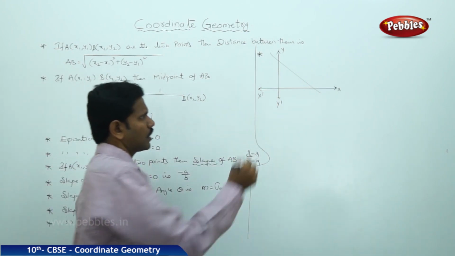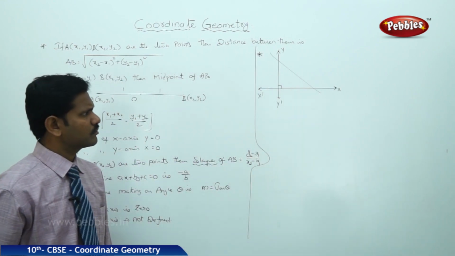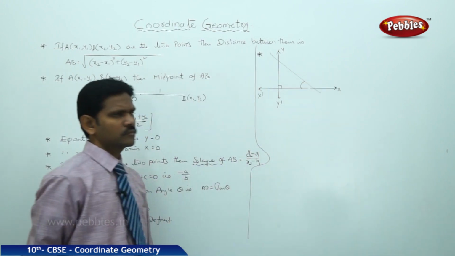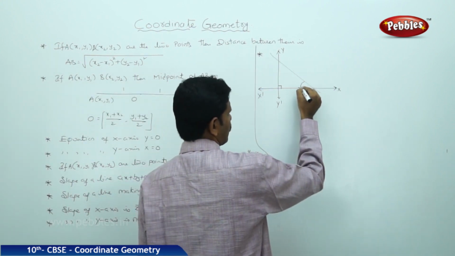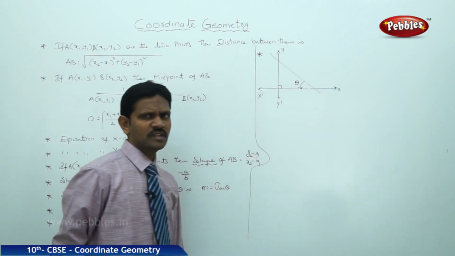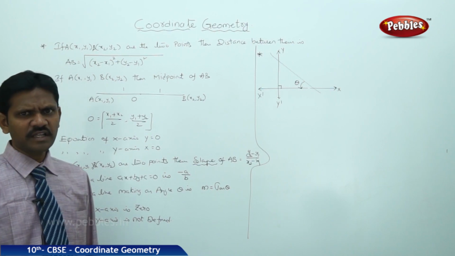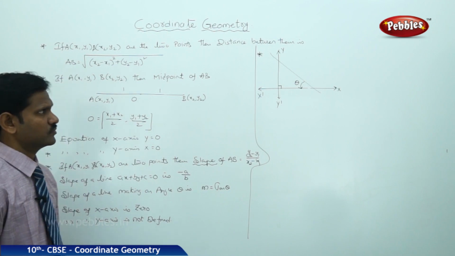That is, slope is the angle made with the positive direction of the x-axis in the anti-clockwise direction, where theta is the inclination. Where theta changes, the slope also changes.